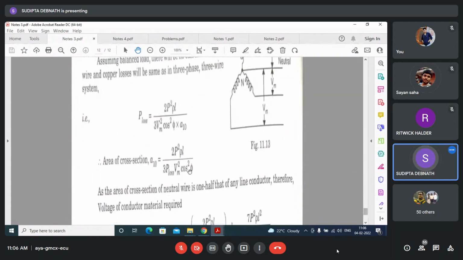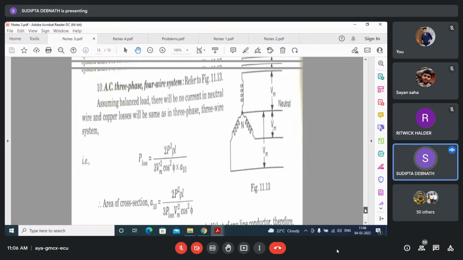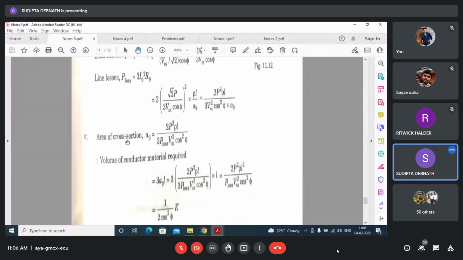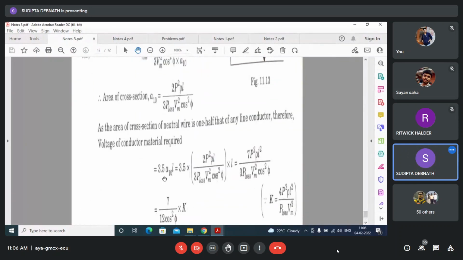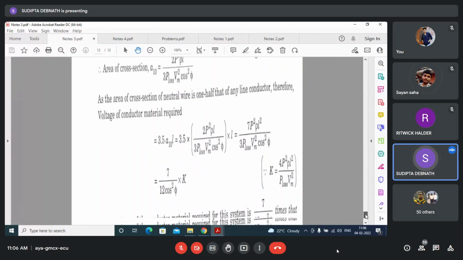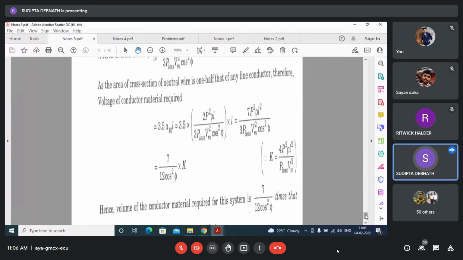So the initial treatment is exactly that of the previous one, up to this it will be same. Only in case of volume we have to consider 3.5, because there are 4 conductors. So it is 7 by 12, which is approximately 0.6.